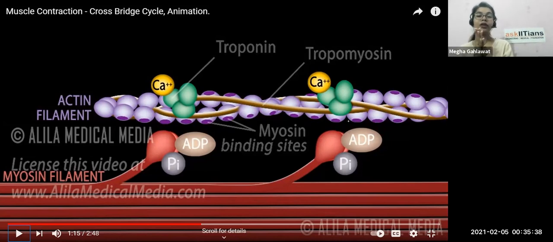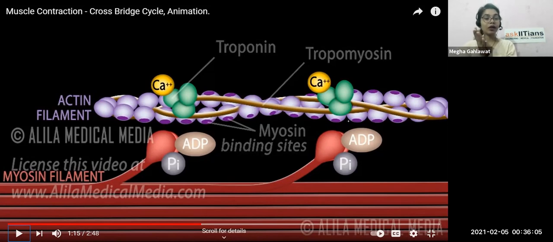Remember that the actin filament has the troponin and tropomyosin proteins, and whenever the troponin protein is bound with calcium, it is going to displace the tropomyosin. It helps stimulate the movement of the tropomyosin protein as well, and that is going to expose the myosin filament.